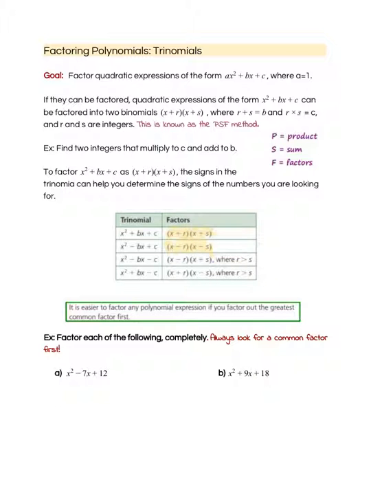If we have x squared minus bx and our c term is also negative, now we're going to have one of 2 situations. We are going to have a negative r value if r is bigger than s.